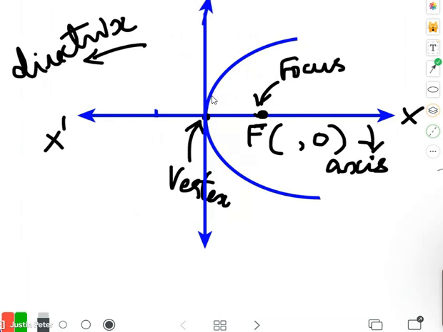Let's say this is our y-axis. Now this F is at a distance a from the y-axis. What will be the coordinates of F?